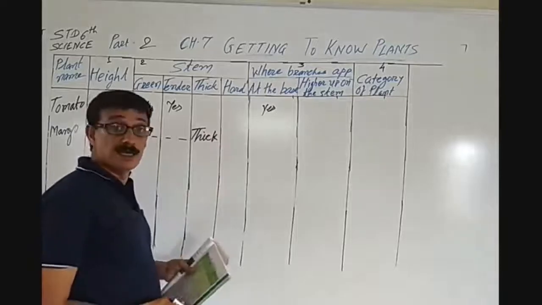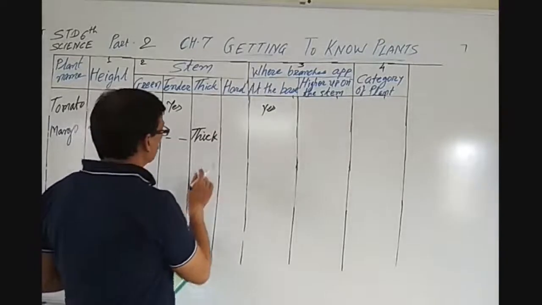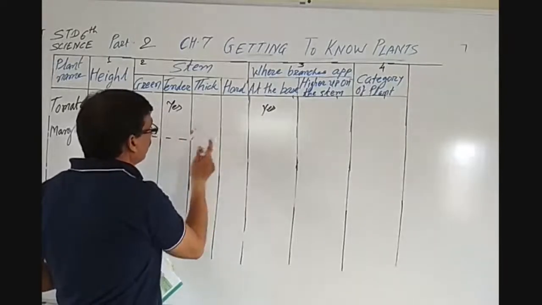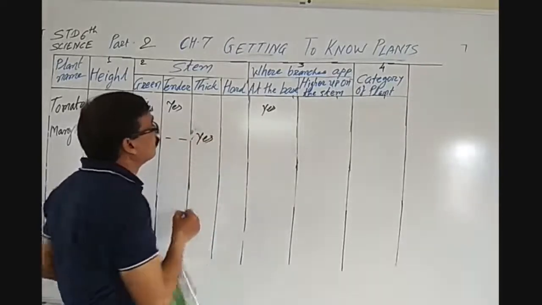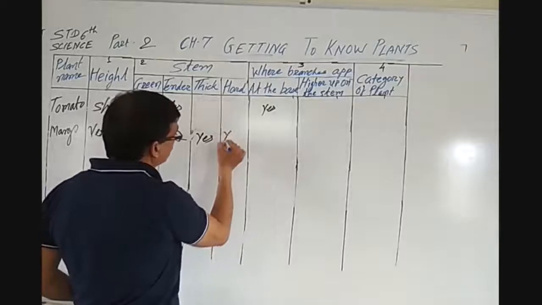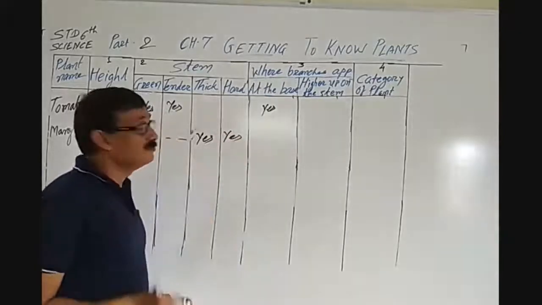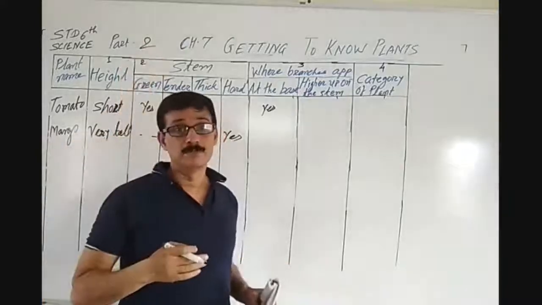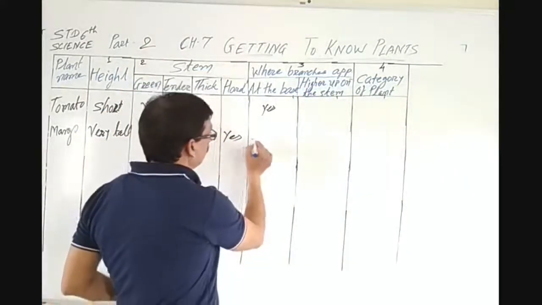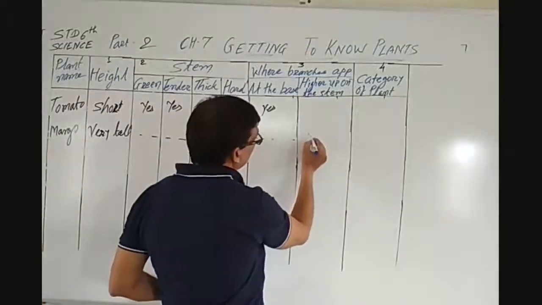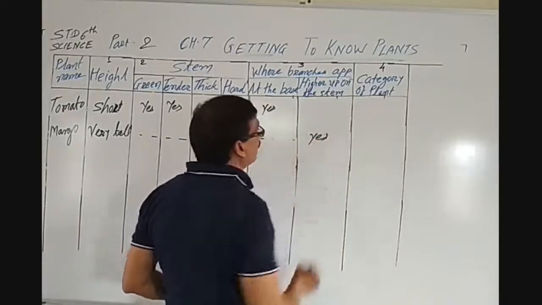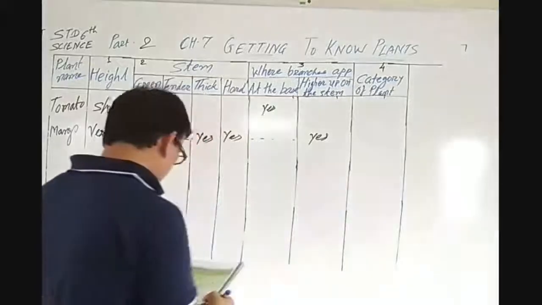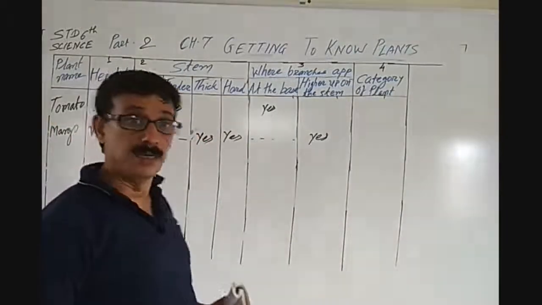And it is hard also. So here it should be yes. And it is hard, yes. Now the branches go higher up on the stem, isn't it? So here I should write higher up on the stem. We'll fill this after.